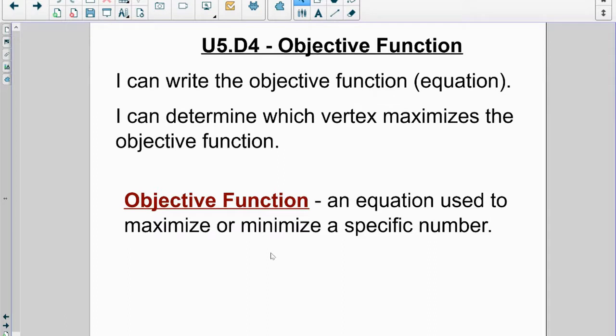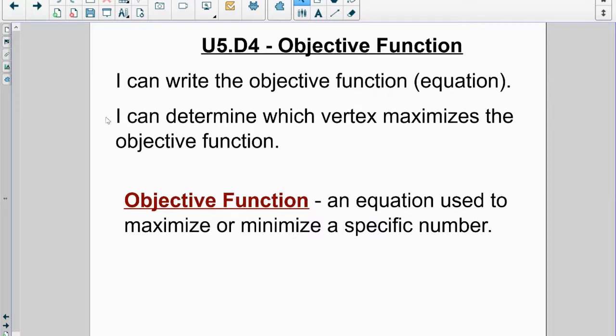Okay, so this objective function is an equation that's used to maximize or minimize a specific number. It might be to maximize the profit of a business plan, like we'll look at here with Brantley's Bakery. So our two different learning targets today. One, we need to be able to write the objective function, which, as I just mentioned, is an equation.